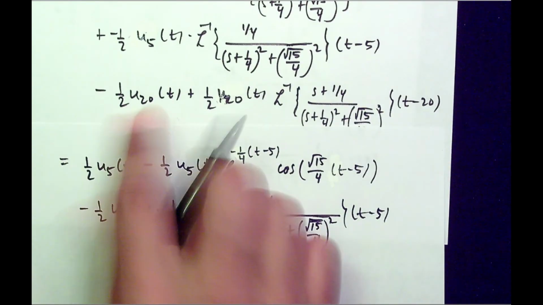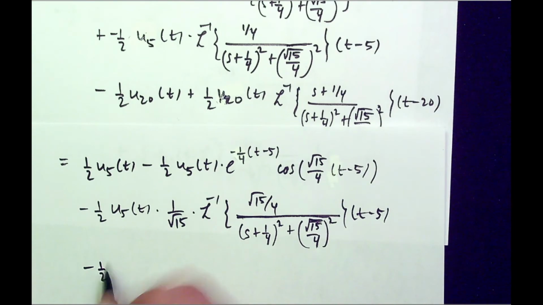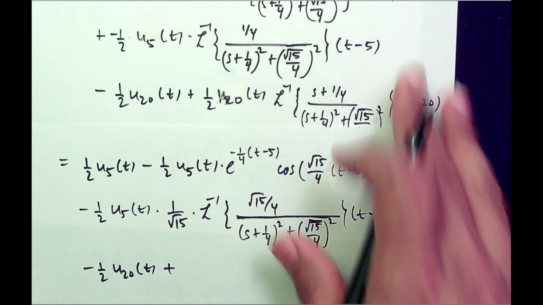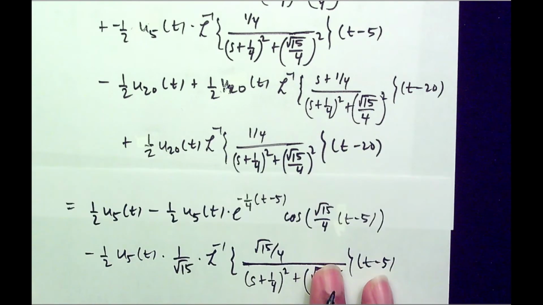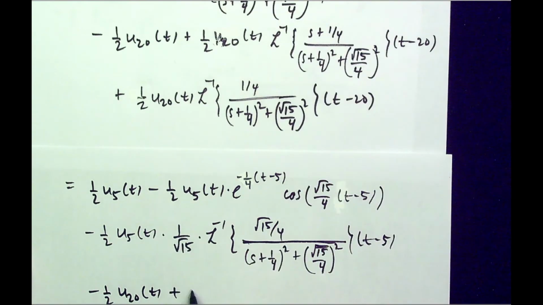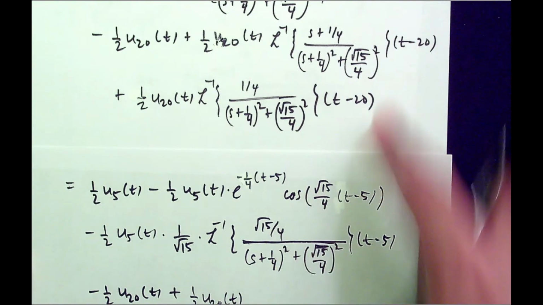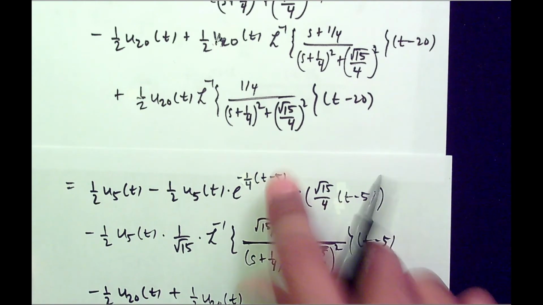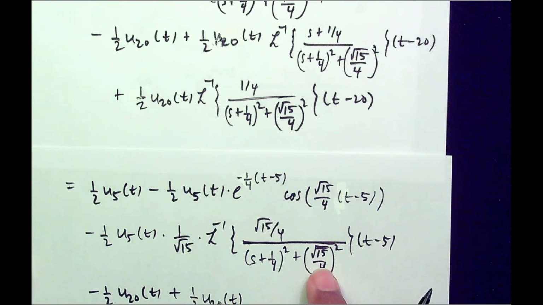And then continuing here, minus 1 over 2 u20 of t plus this one, 1 half u20 of t. And then this one is the same as that, but instead of t minus 5 it is t minus 20.